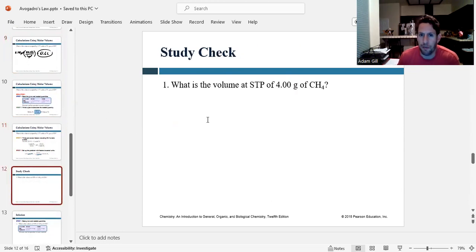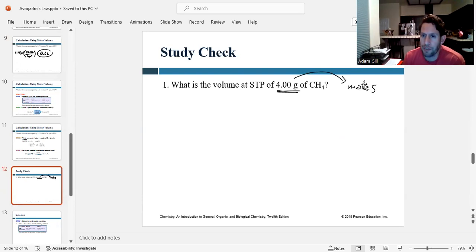Let's do another practice problem. What is the volume at STP of 4 grams of CH4? Now, the trick here is they give us grams of CH4. In order to calculate volume, we need moles. So we have to convert grams into moles.